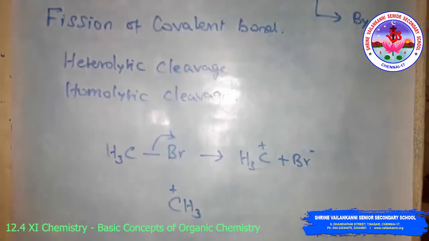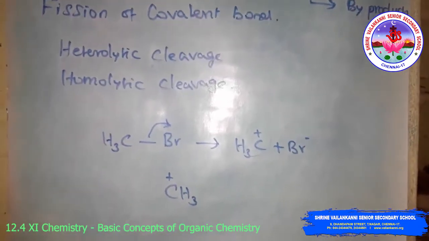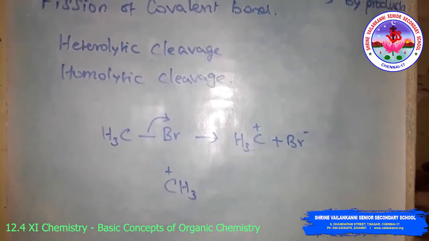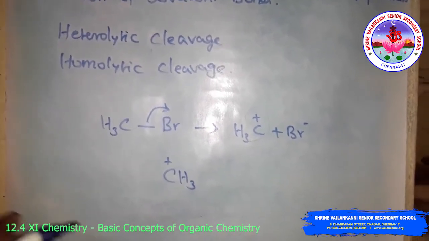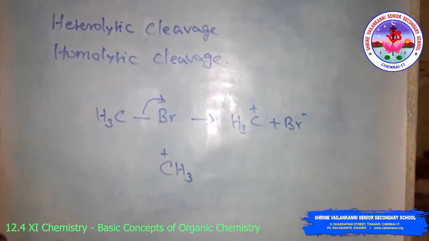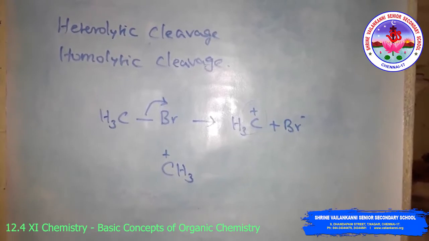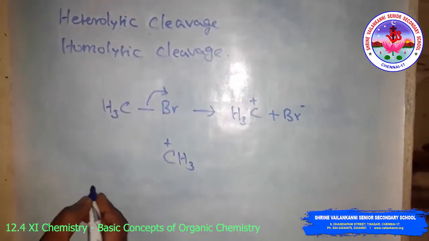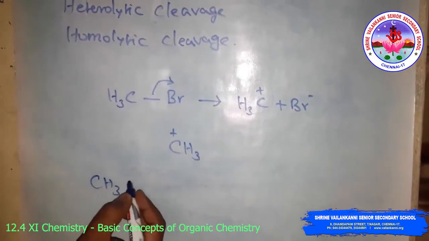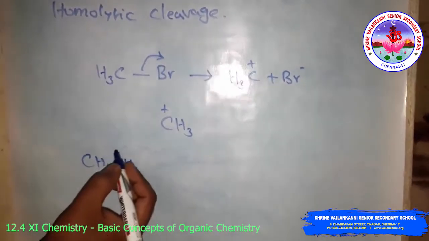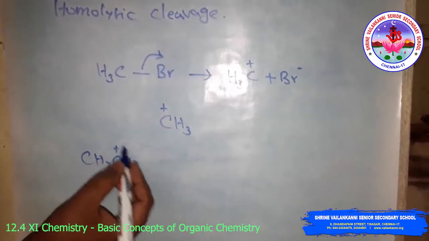Carbocations are classified as primary, secondary or tertiary depending on whether one, two or three carbons are directly attached to the positively charged carbon. The ethyl cation is a primary carbocation, with this carbon having a positive charge.